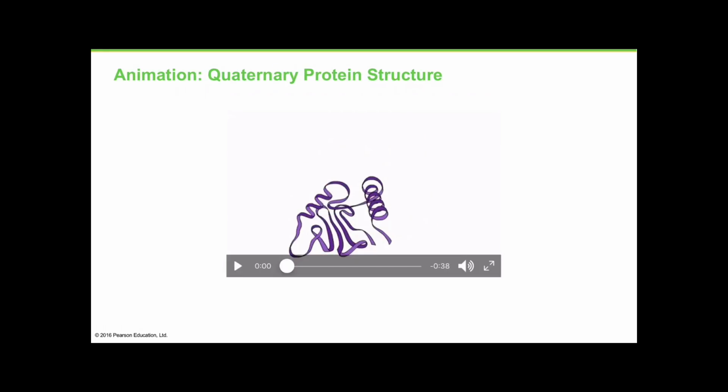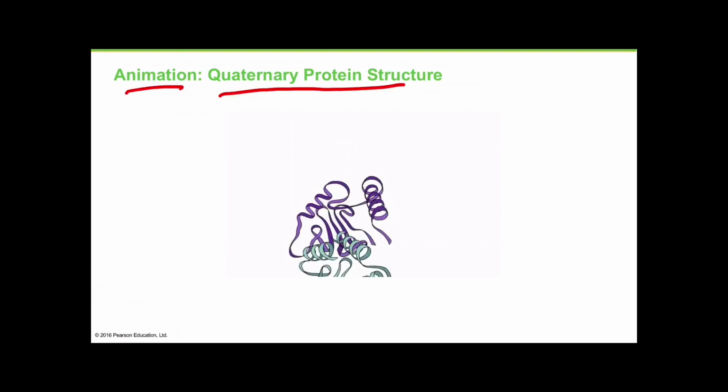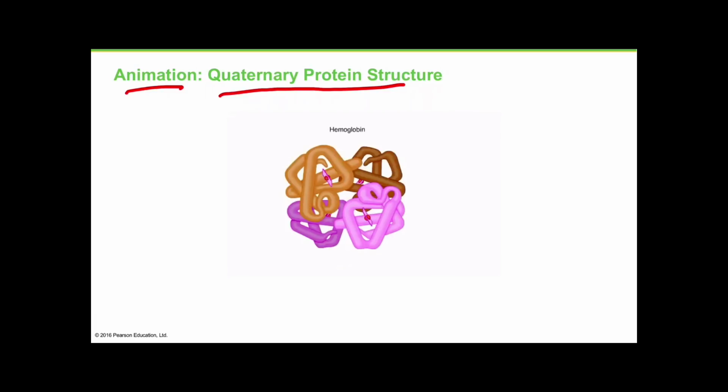You also have another animation for the quaternary structure just to help you understand. زي ما قلت لكم it's more than 1 polypeptide، فهنا حاطين لكم 2 polypeptides. So لما يكون 2 or more polypeptides then you have a quaternary protein such as this example hemoglobin. So هنا في 1 2 3 4.